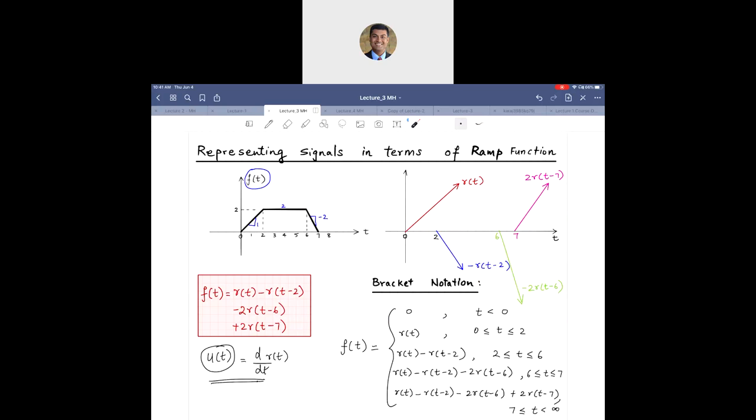Right? So this guy keeps going up, this guy keeps going down, so they cancel each other out, so that between 2 and 6 you get something that is constant. That's why I would need a slope of -1, which is essentially an amplitude scaling here, and shifted by 2 there. So that's why the blue line has a slope of -1. That R is not the slope. That R is essentially the function, ramp function, R of t.